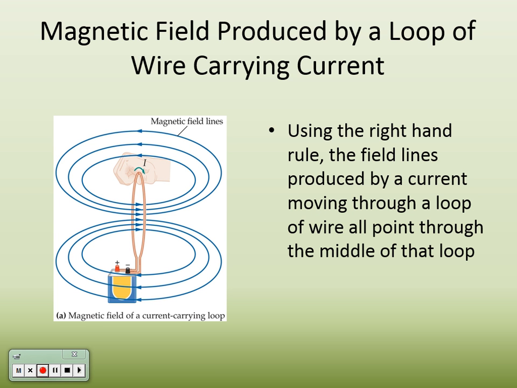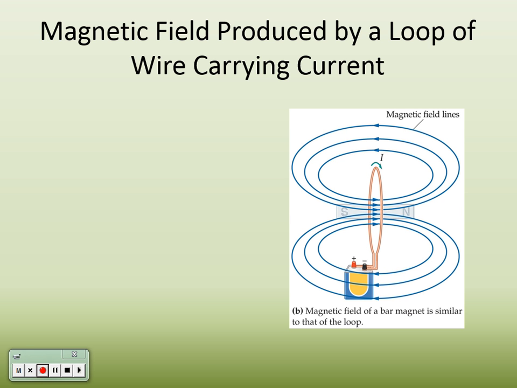I think you have these pictures at the top of the back page of your outline because I couldn't fit them on the front. Now we have all these field lines pointing in the same direction. If you remember from Tuesday, this setup of field lines is exactly the same as the field lines that surround a bar magnet.